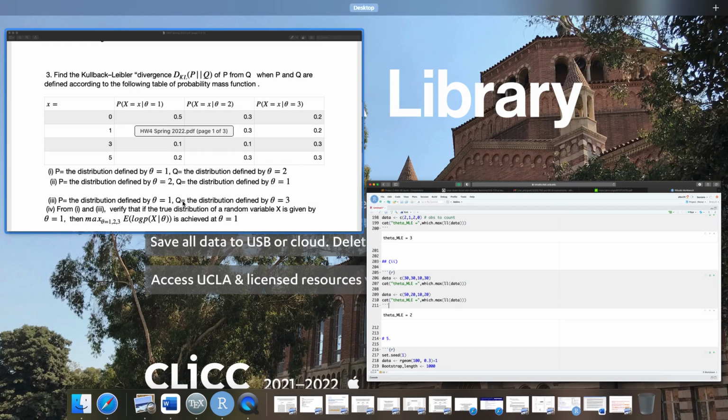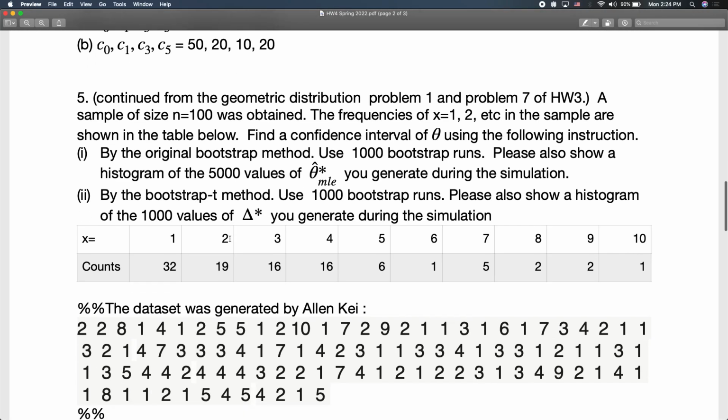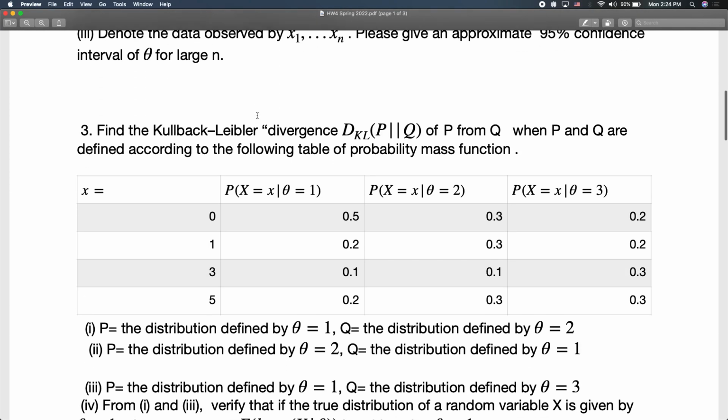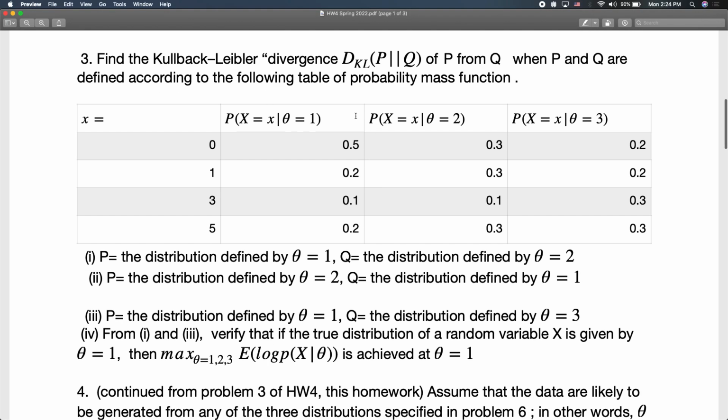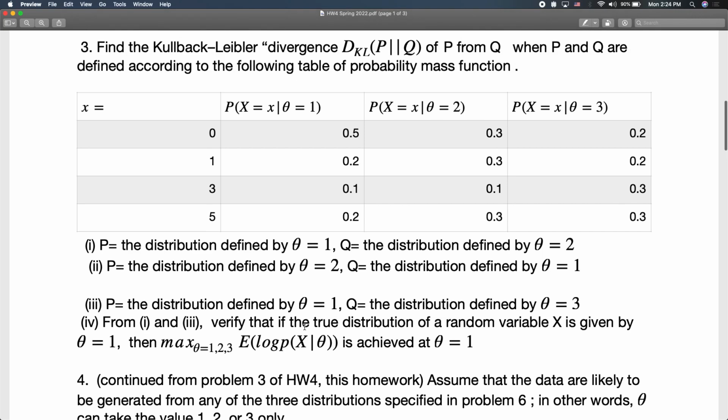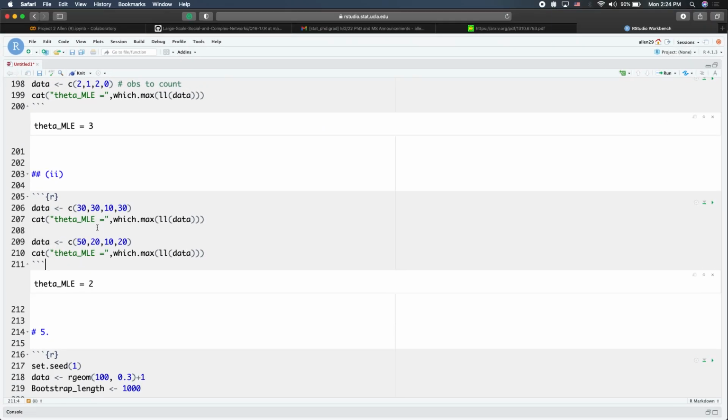And then for the other data set, we have 50 occurrences for 0, 20 occurrences for 1, and 10 occurrences for the next value. It looks like this one, 50, 20. So I think the theta MLE is equal to 1.